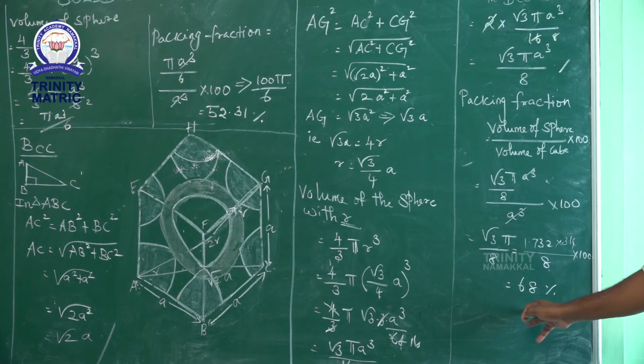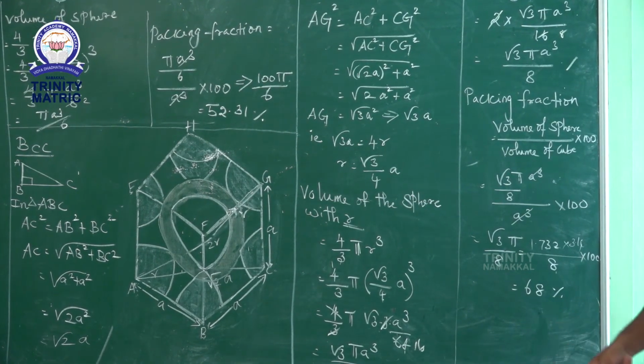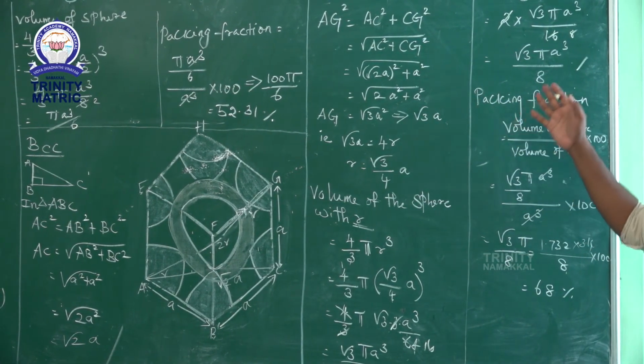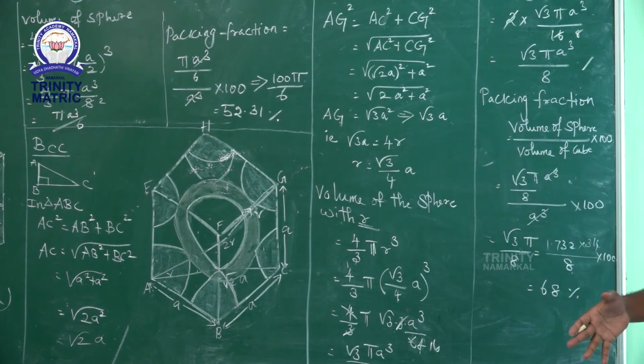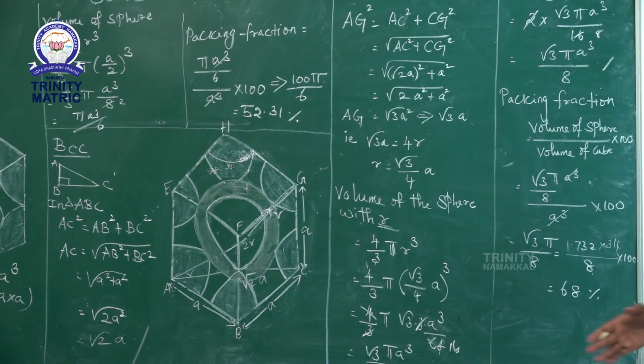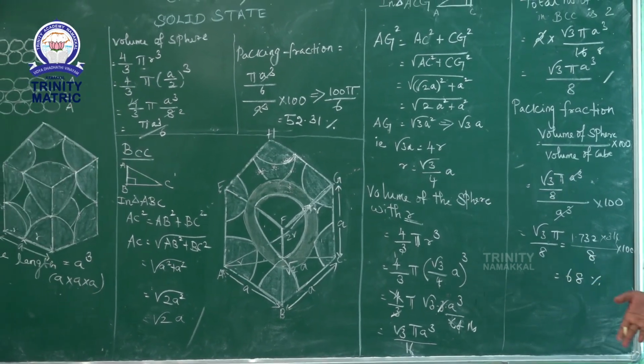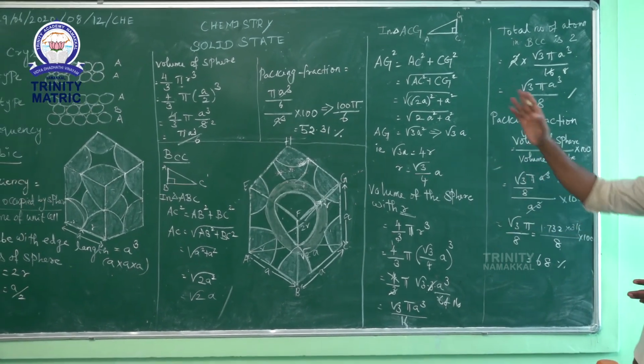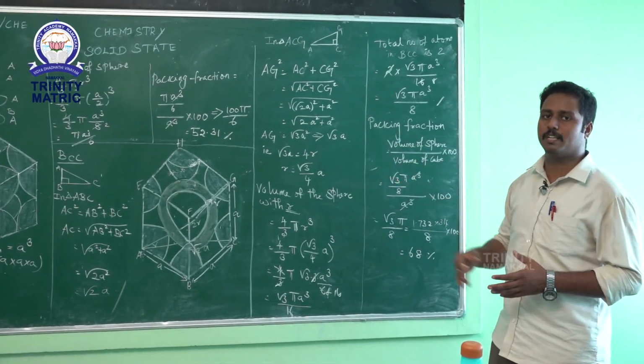Here it is 68%. Which means that BCC comparatively has a larger number of atoms in one particular area, so the packing efficiency is 68%. The density of the crystal is comparatively higher than simple cubic crystals.